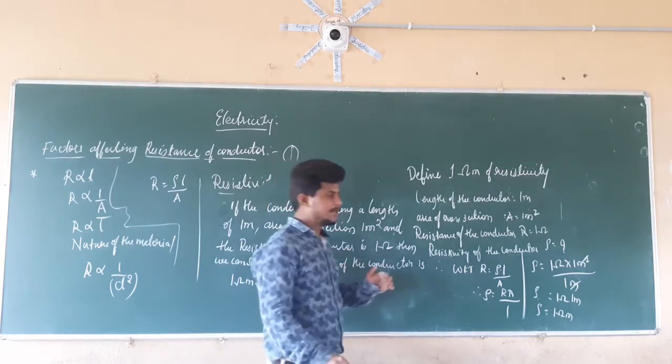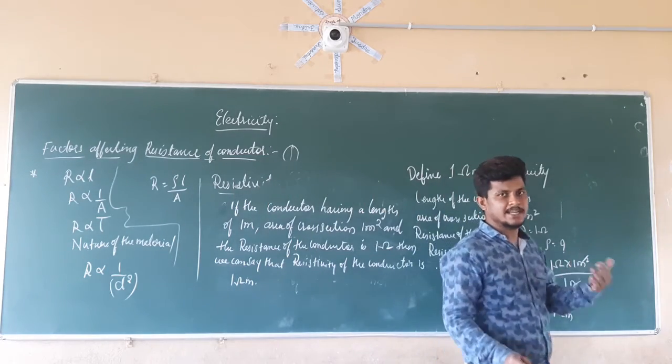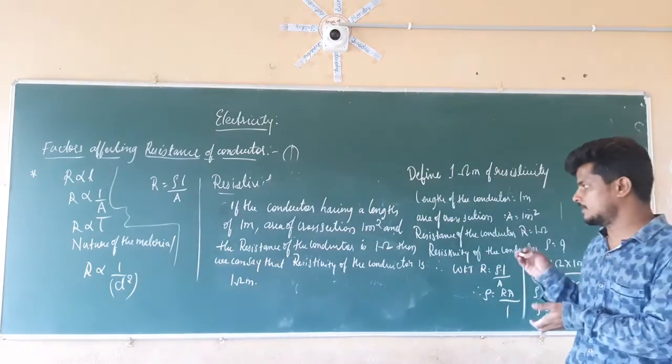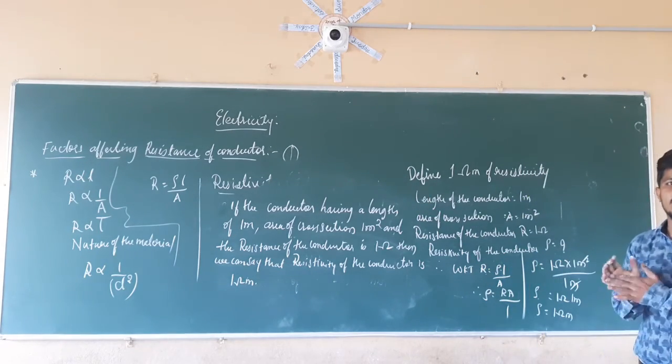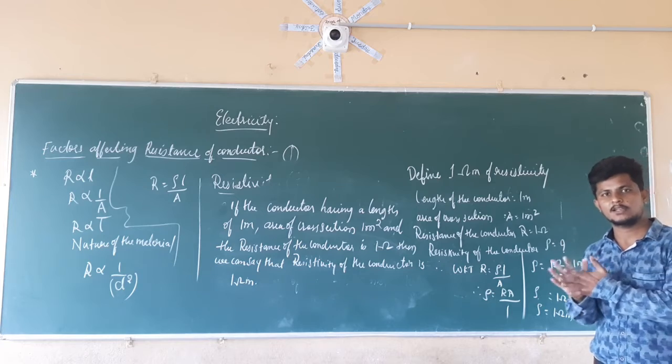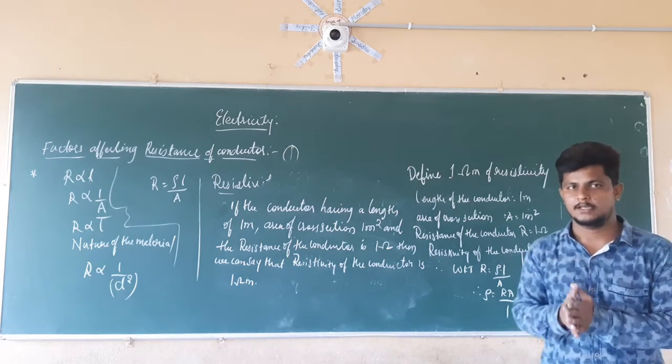See here, if the conductor has 1 meter length, 1 meter square area of cross section and 1 ohm resistance, then the resistivity of the conductor is equal to 1 ohm meter.